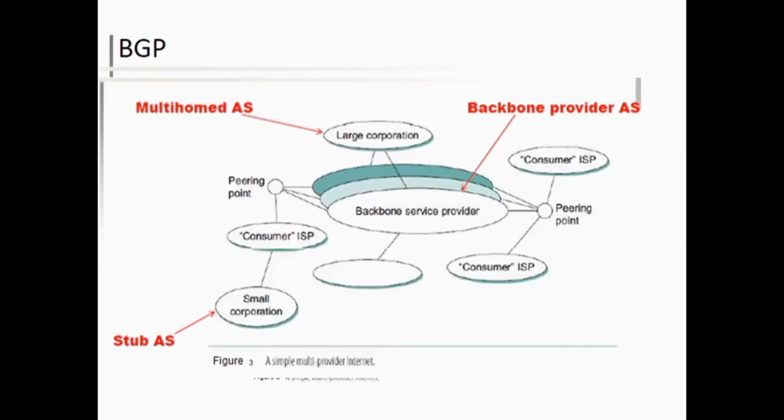Now you can see that the stub AS, as I already told, is a small corporation. The multi-homed AS, as I just told, is a large corporation.